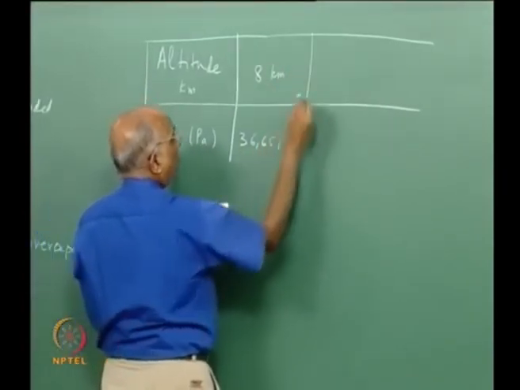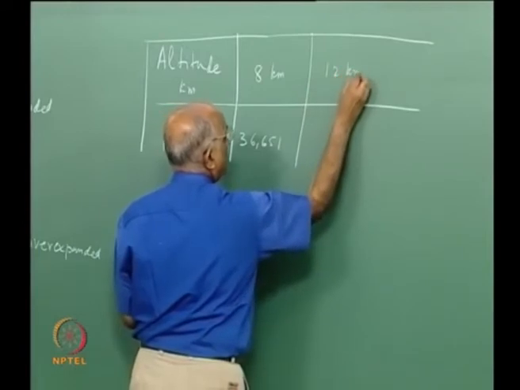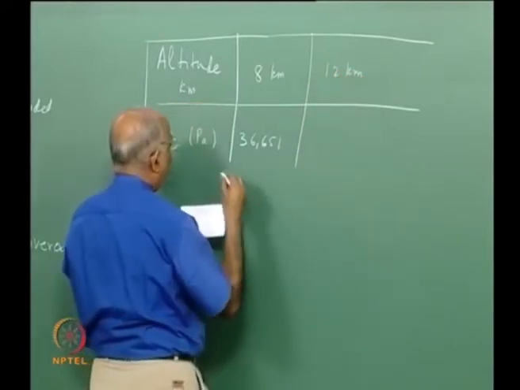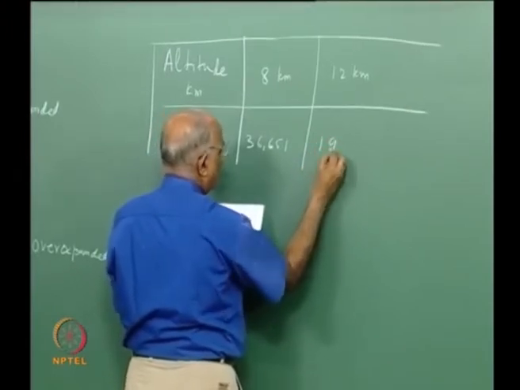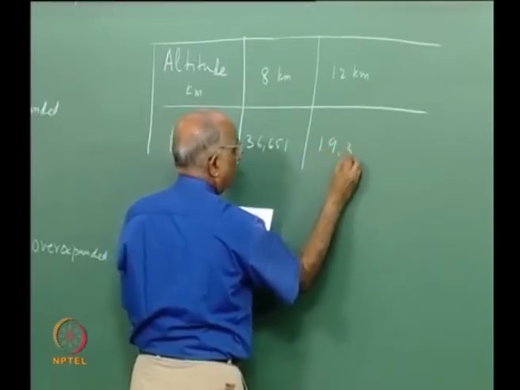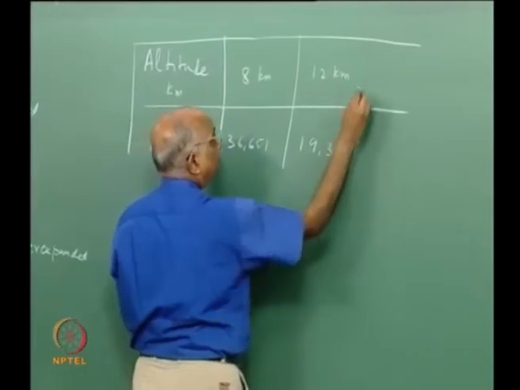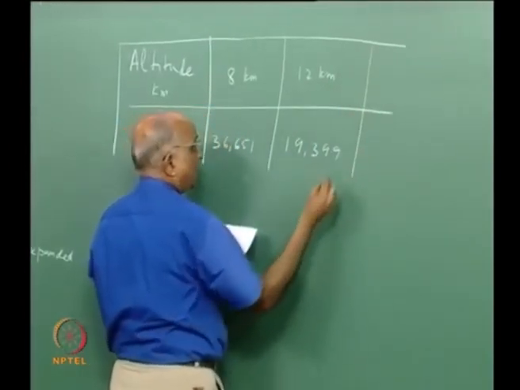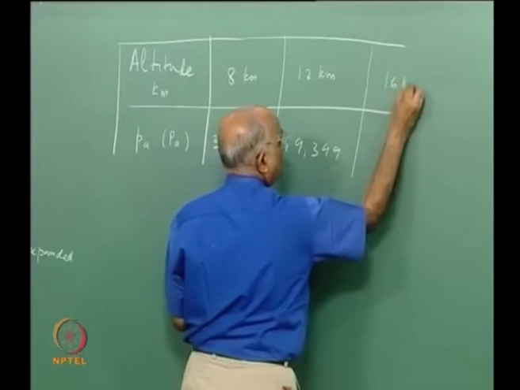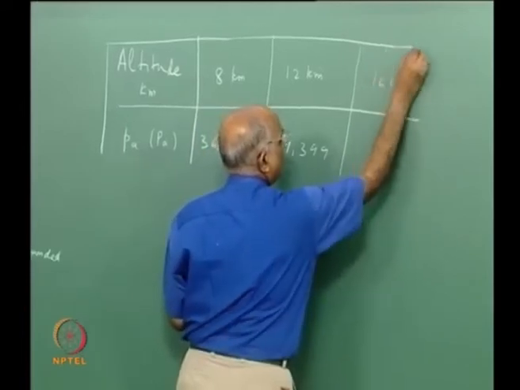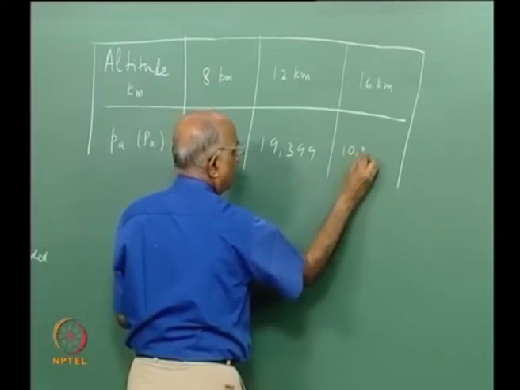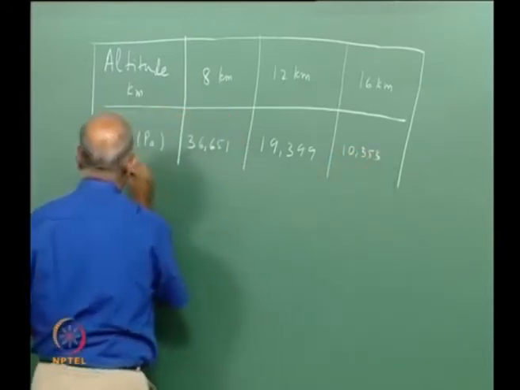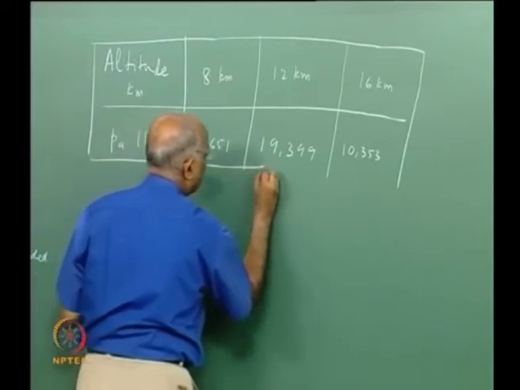At the altitude of 12 kilometers, the value of the ambient pressure is now 19,399 Pascal. It has reduced because the altitude has gone up. At 16 kilometers, for which this particular nozzle is designed, the ambient pressure is 10,353 Pascal.